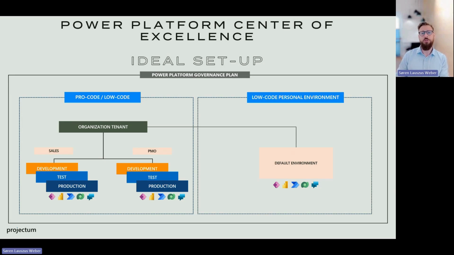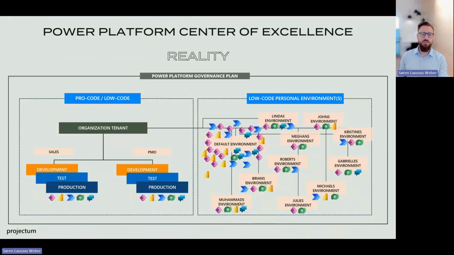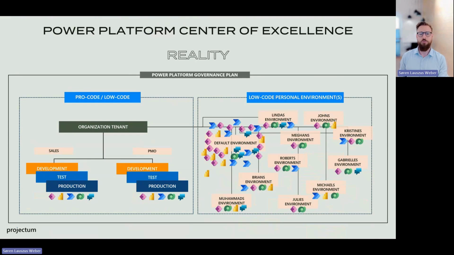This is what everybody envisions, and it's also what happens in the beginning for a lot of companies. But then at some point it simply explodes. You have all these different low-code personal environments. The default environment is also becoming cluttered with a lot of different apps.